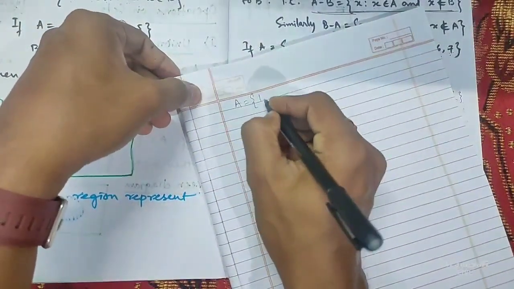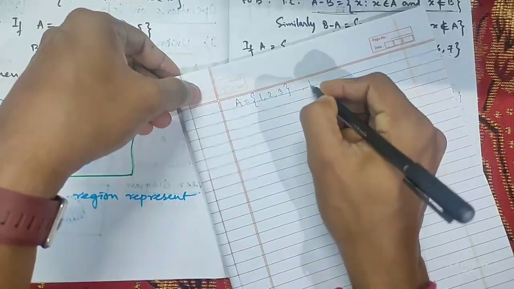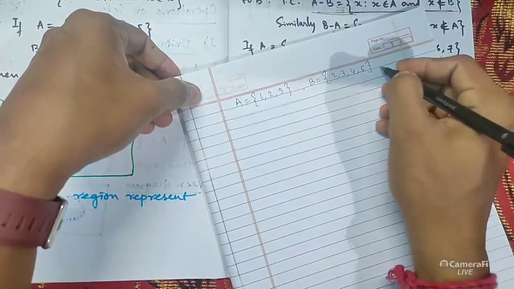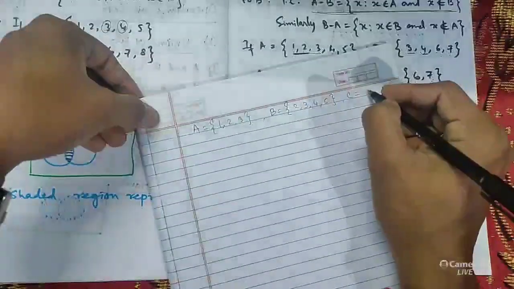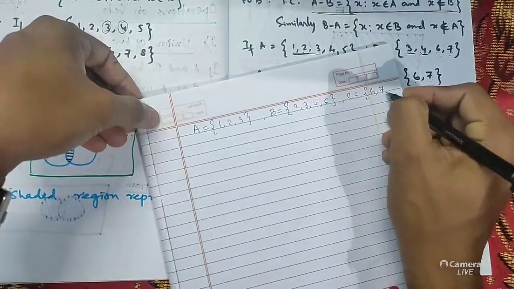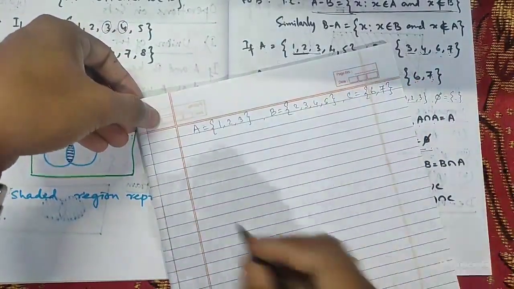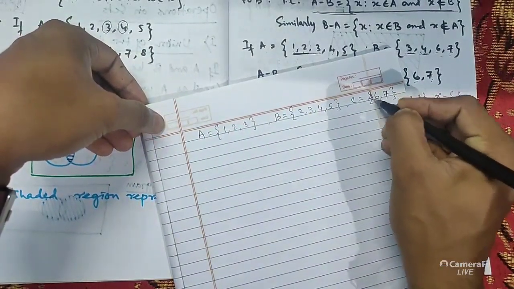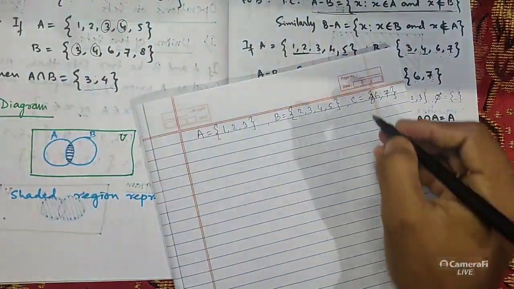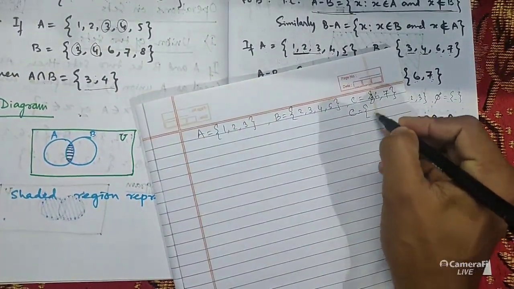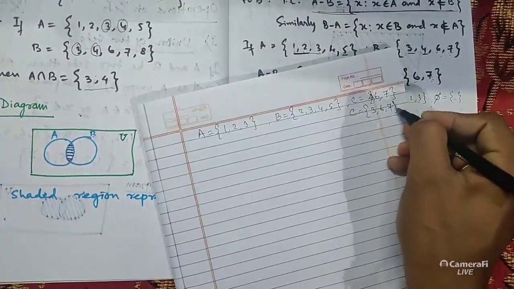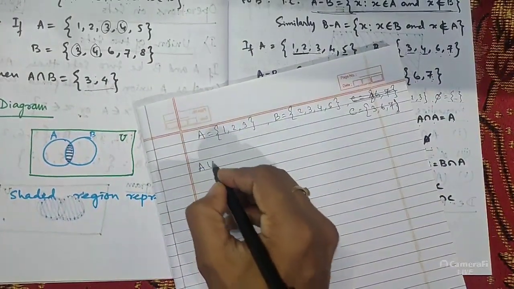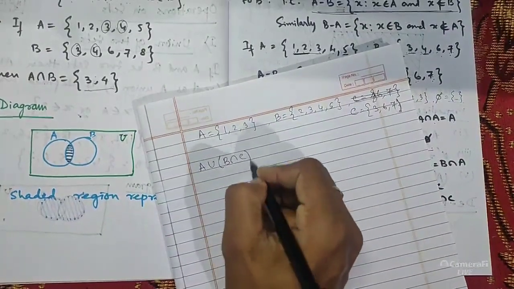So A set I am taking 1, 2, 3. B set 2, 3, 4, 5. C set equals 3, 6, 7. Okay, now A union B intersection C, this value I have to find.